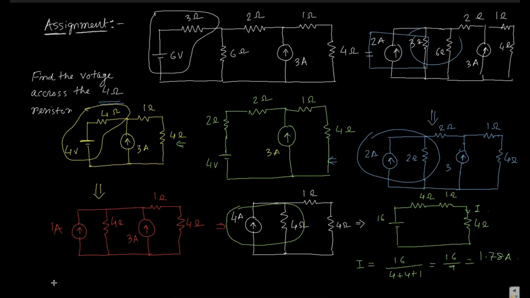So the voltage across 4 ohm is what? V is equal to I into R. So I becomes 1.78, R becomes 4. It is 7.12 volt is the answer.